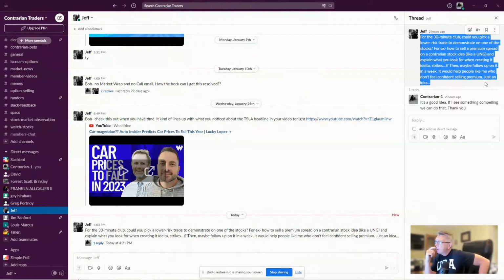For example, how to sell a premium spread on a contrarian stock idea like UNG, and explain what you were looking at. Basically, he's looking for a trade idea, a trade setup using options. So we're going to do that tonight. Stick around. I have a couple of them that we'll do. We'll do Adobe. We'll do Facebook, and I'll tell you about the whys in a moment. So let's get to it.